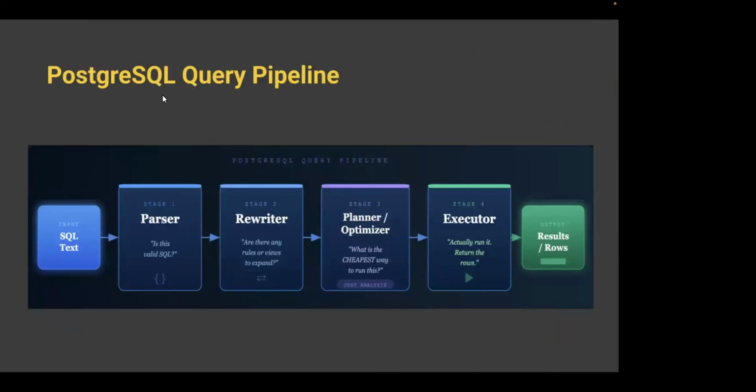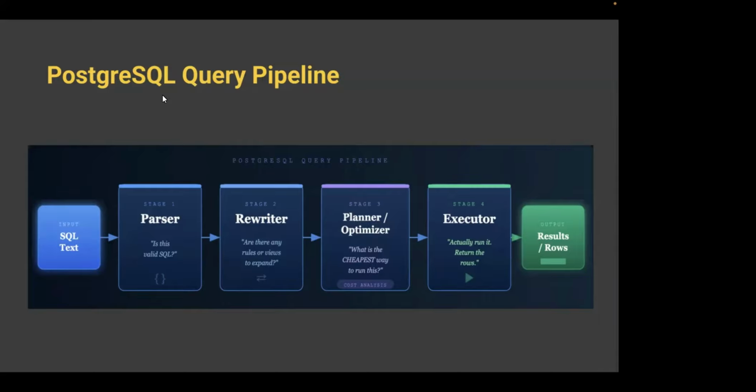Yeah, so let's start with the Postgres query pipeline. Before we even talk about optimization, we need to understand what actually happens when you press enter on a SQL query. So every SQL statement goes through these four stages. The first stage is the parser. This is simply a syntax check.